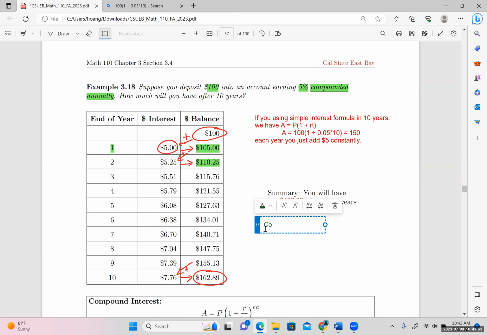So compound interest means you keep combining the initial amount with the interest over a period of time.